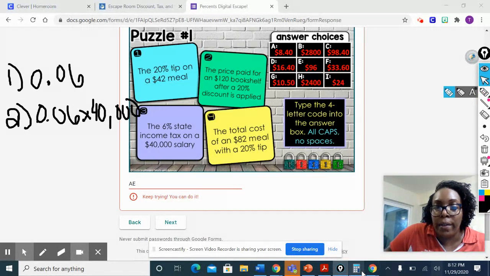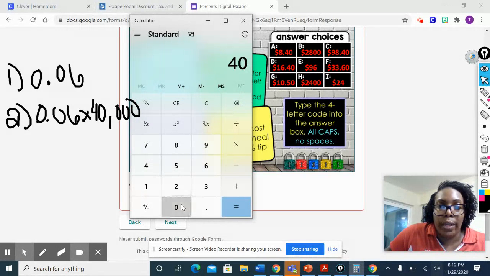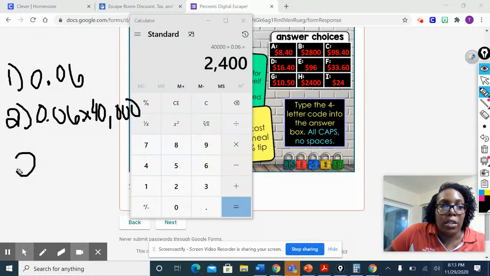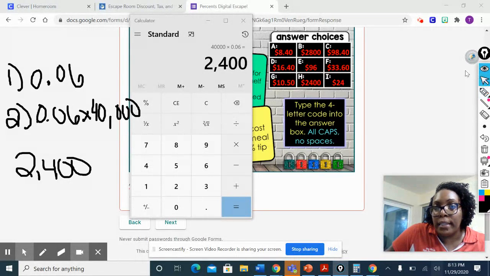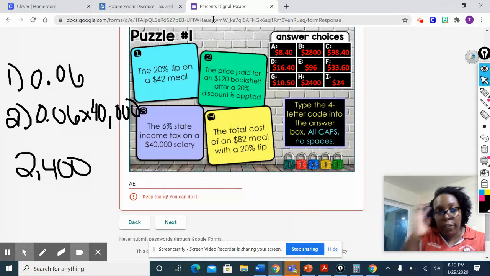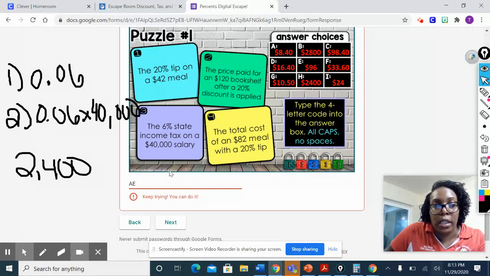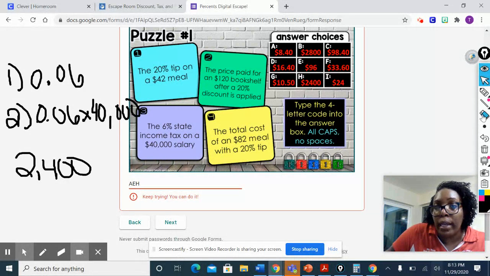Get your calculators out. 40,000 times 0.06 equals 2,400. And they're just asking me what my taxes are, not the amount afterwards, so let's write that in. 2,400, H. Do you notice that it's telling me keep trying? You can do it. All right, let's keep trying.